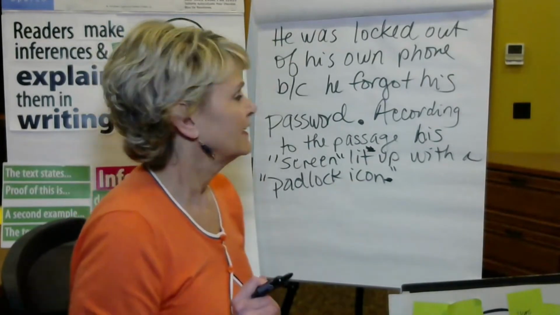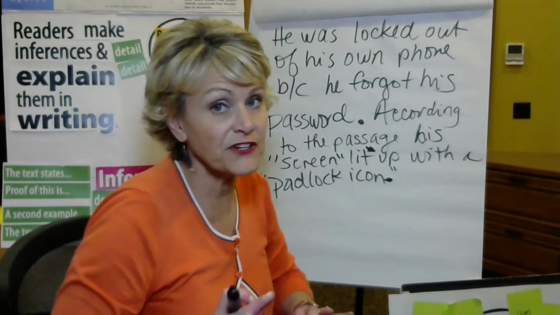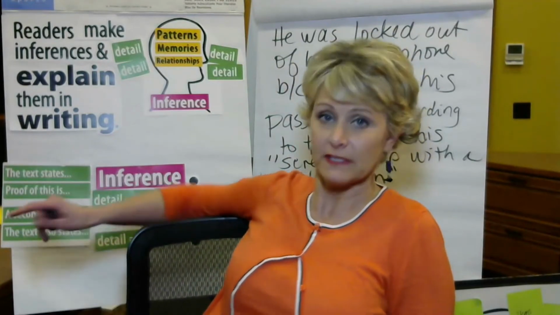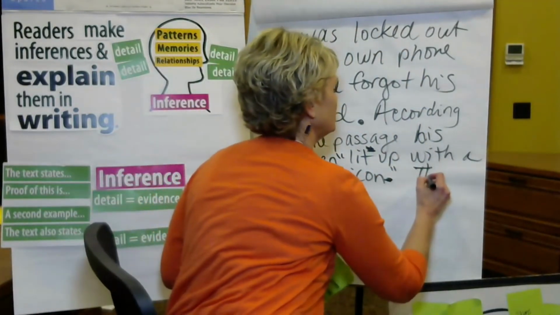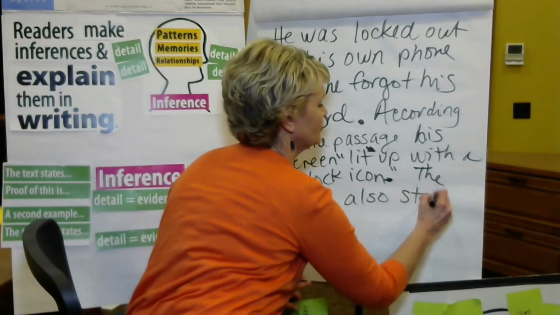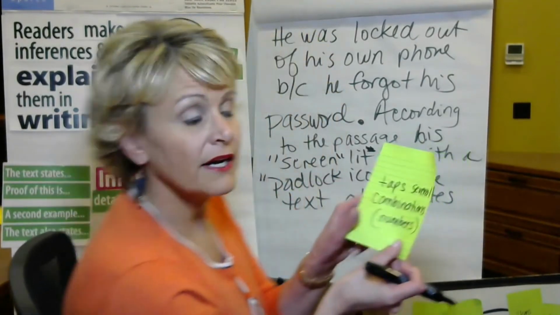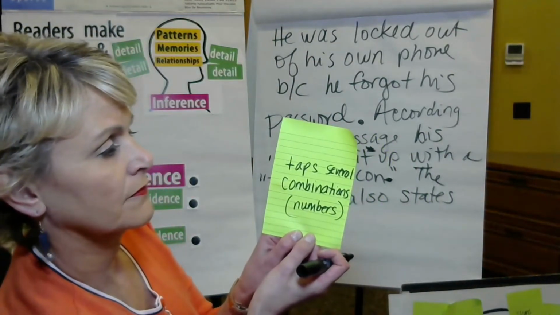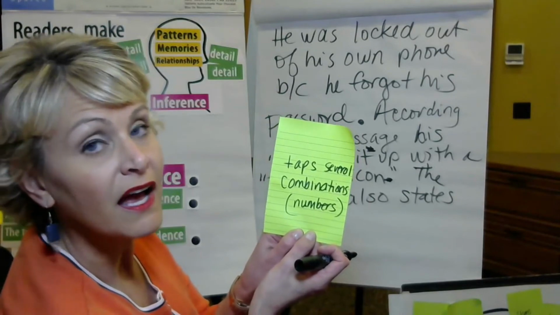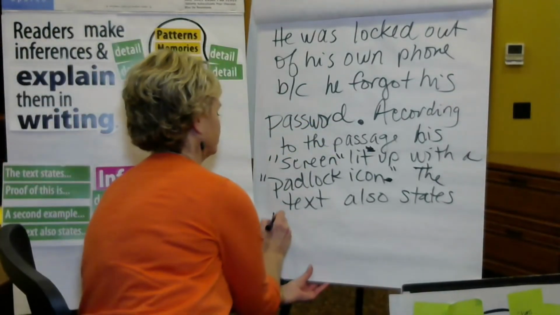Come on now. We need a sentence starter that tells us, hey, we are about to give another piece of evidence. Okay, the text also states. Sounds good to me. The text also states. How are you going to say it? He tapped several combinations of numbers.